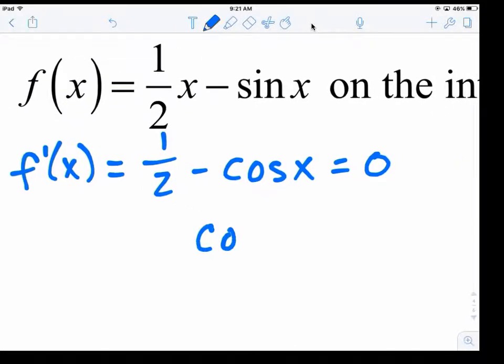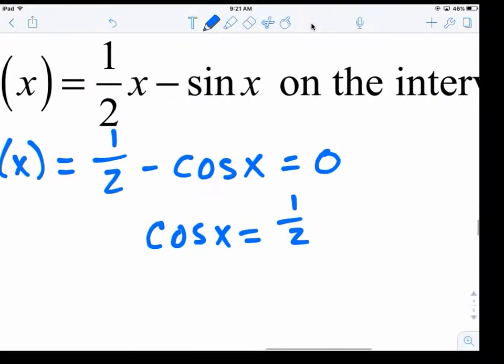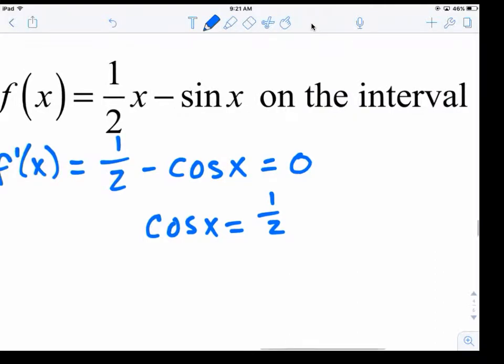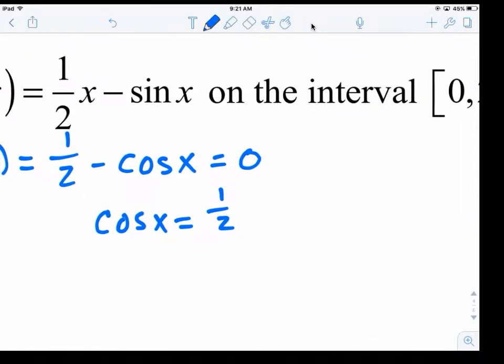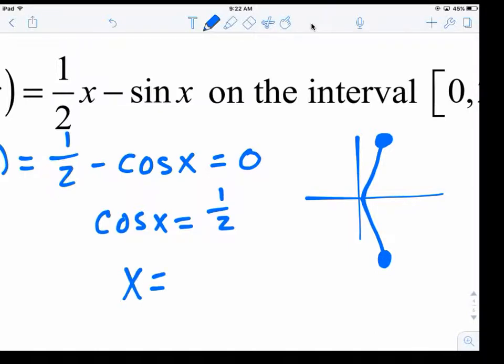So where is cosine of x equal to 1/2? Well, if you add the cosine over, it'll be that. So this would be cosine x, so it'd be that point up here and that point down there.